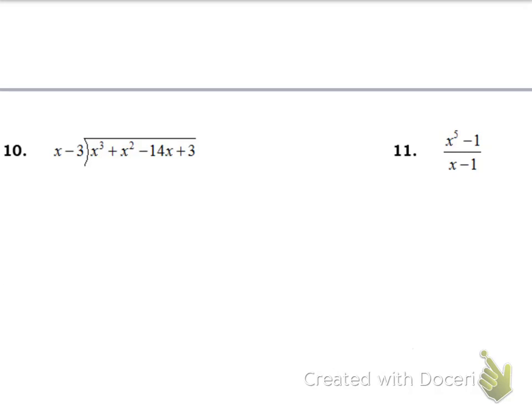Okay, my next one, I need at least 4 boxes. 1, 2, 3, 4. So I have an x and a negative 3, x cubed. I need to add it to get an x squared, negative 14x, and a 3. Okay, so multiplies, I need an x squared. This will get me a negative 3x squared.